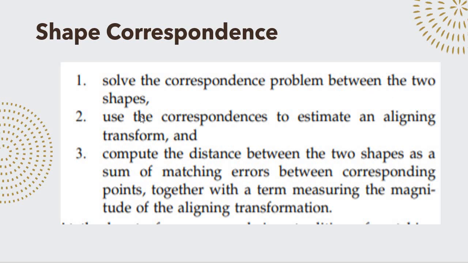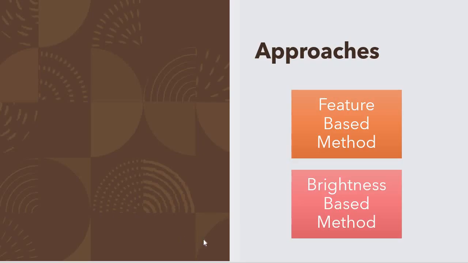So we have to solve the correspondence problem between the two shapes, use it to estimate the aligning transform, and compute the distance between the two shapes as the sum of the matching errors, that is, how much error there is. The approaches that we are going to use are, first, a feature based method, and second, the brightness based method.